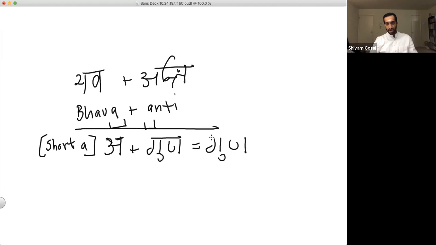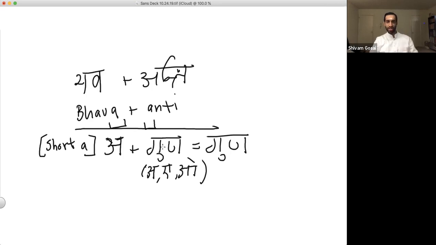Now I know we haven't talked about guna letters, so what's a guna letter? Guna is just the name for 3 different letters. So guna is the letters a, e, and o. It's just a name referring to these 3 letters, a, e, o.